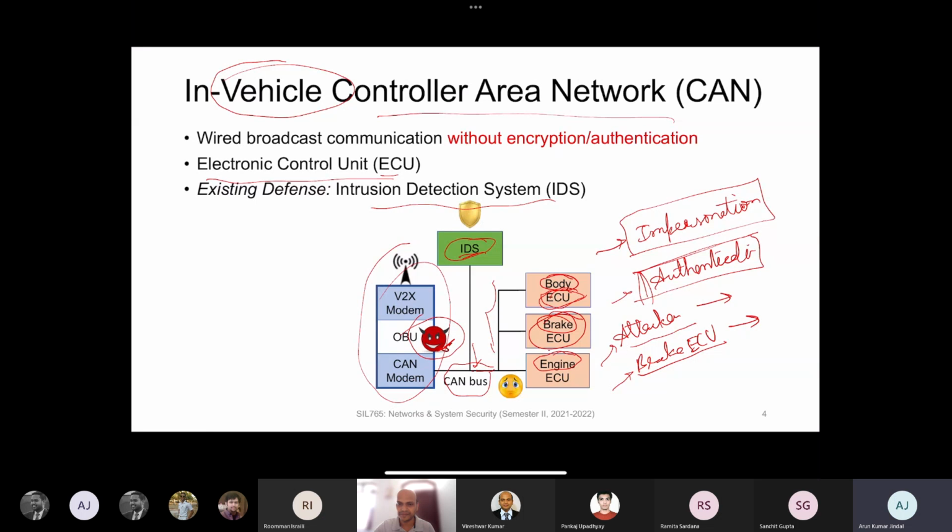So to train this system, how do we get the data where such attacks are there? There will be a lot of data where there is no attack, but there will be very little data where there is an attack. So you could generate the data as well.